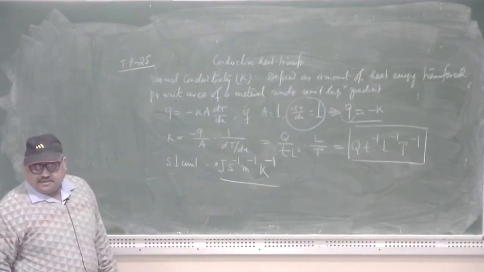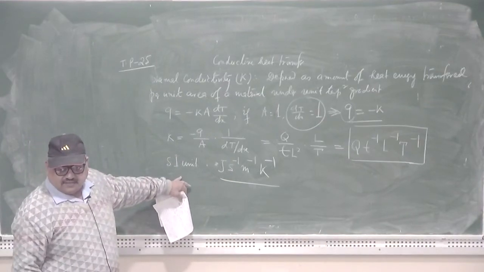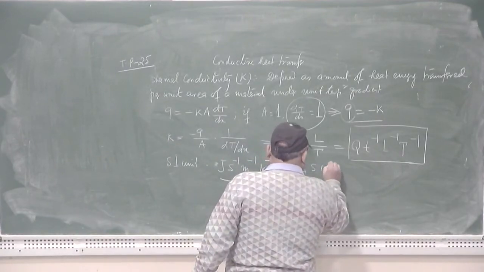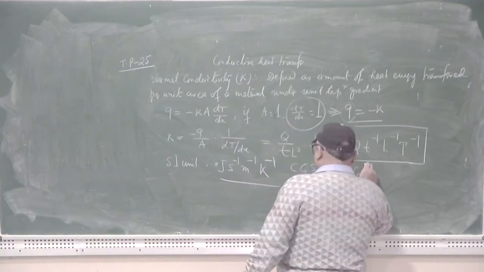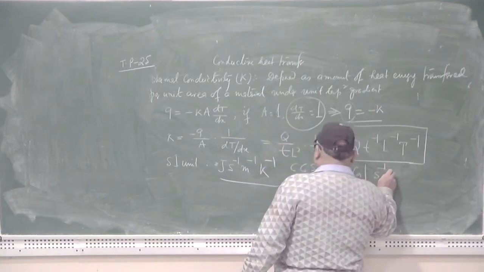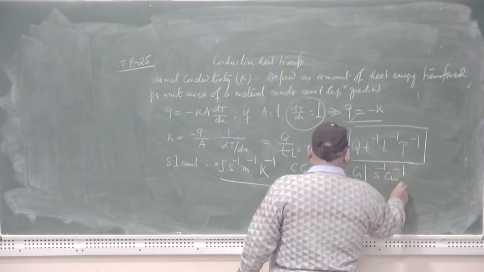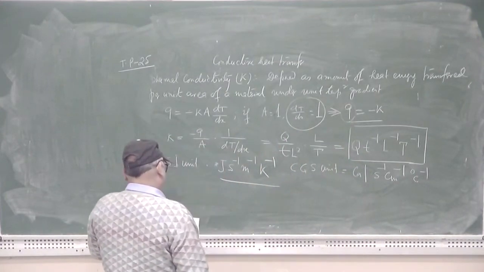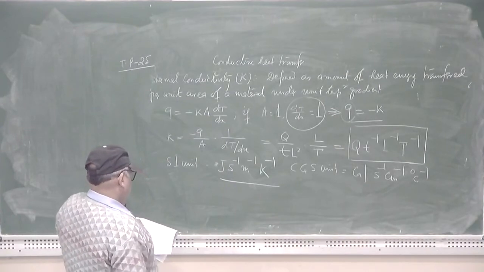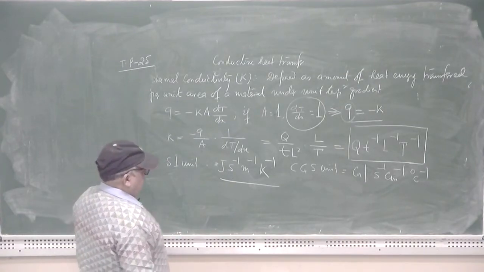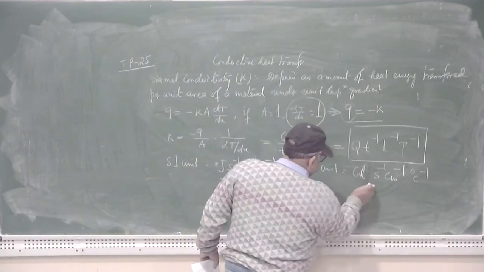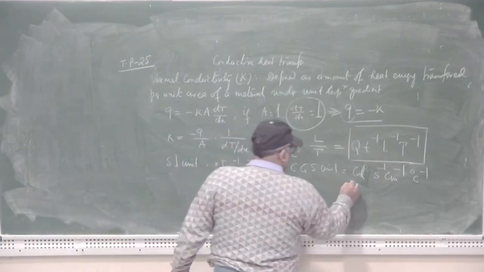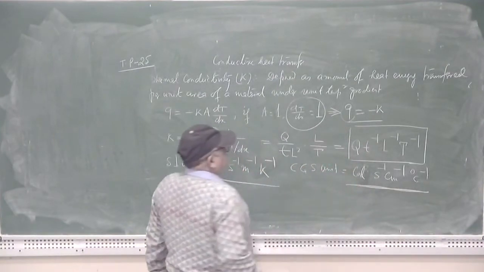This is our SI unit for thermal conductivity, and the CGS unit is equal to calorie per second per centimeter per degree centigrade, that is, degree centigrade raised to the power minus 1. This is calorie, don't get confused. So, these are the SI and the CGS units of thermal conductivity.